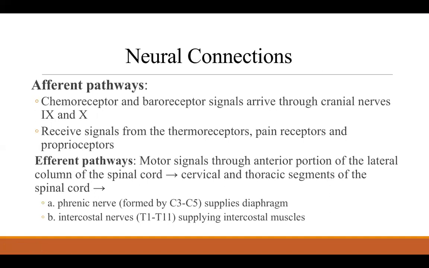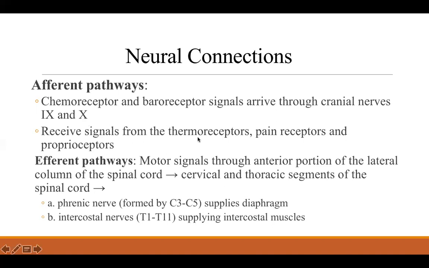Well, we already talked about the afferent and efferent pathways. This is a good time for us to revisit this. You're talking about some cranial nerves here. Cranial nerve 9 is the glossopharyngeal, and cranial nerve 10 is the vagus. They are the ones that bring signals from the chemoreceptors and baroreceptors to the brain stem area.